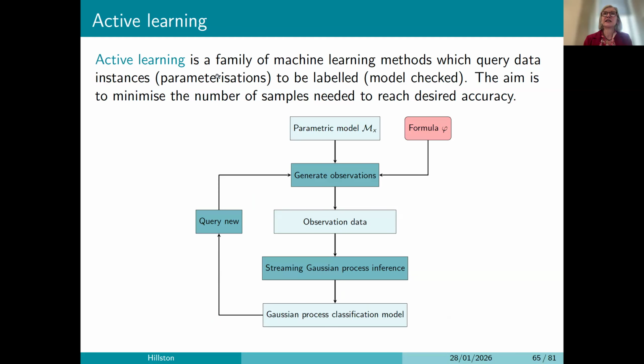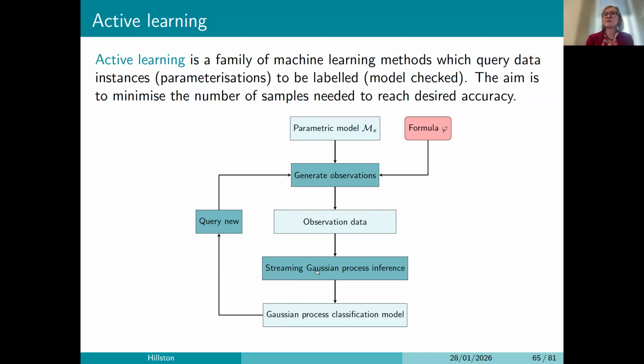And then with active learning, we look at what information we have gained by our current set of samples, and then we use that to guide where we take our next samples. So we generate observations as before, and we get that set of observation data.